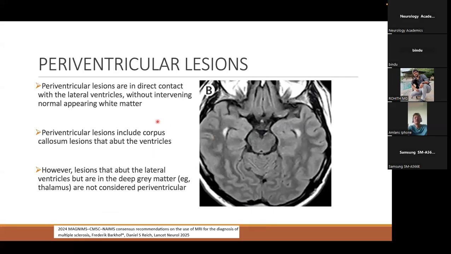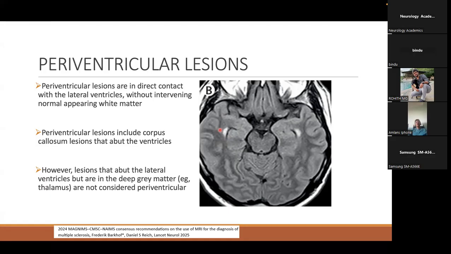And the periventricular lesions should be in direct contact with the lateral ventricle. In MS, the typical lesions will be in the inferior temporal lobe, which is not found in other demyelinating diseases like NMOSD. And there should not be any intervening white matter between the lesion and the lateral ventricle. The periventricular lesions include corpus callosal lesions also, which abut the ventricles.